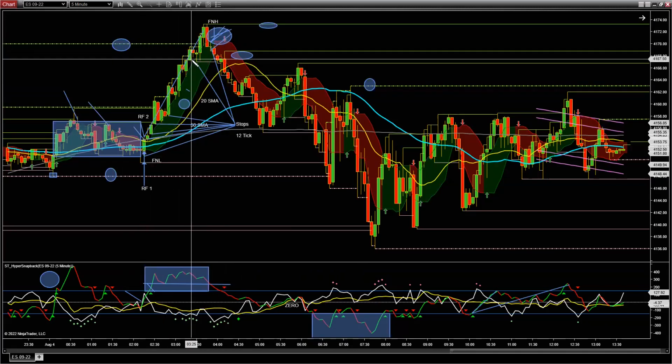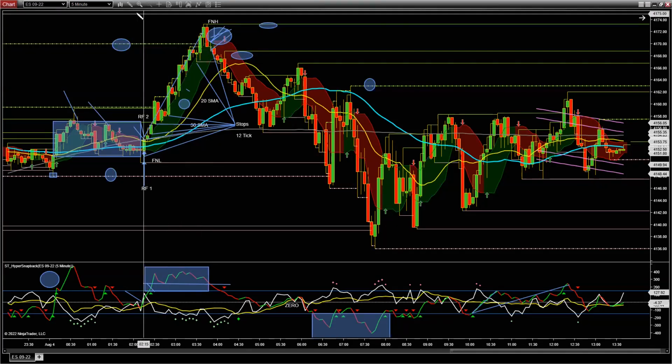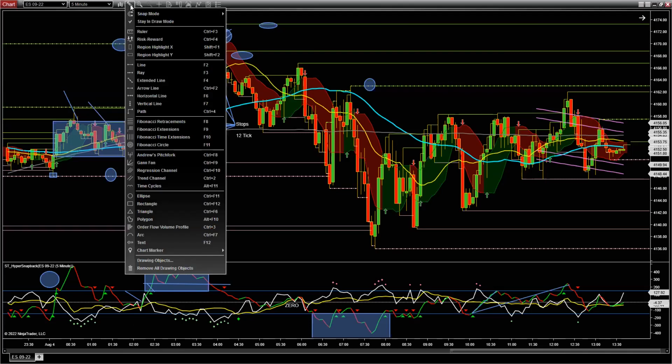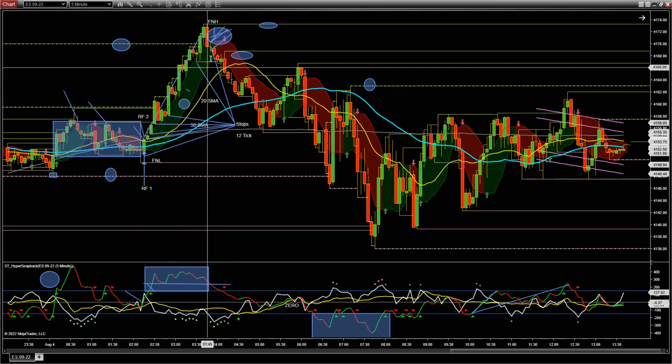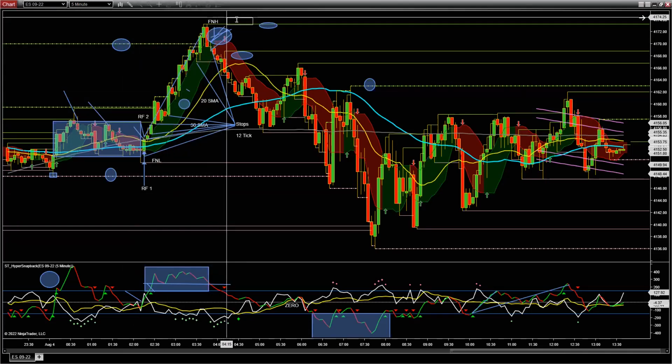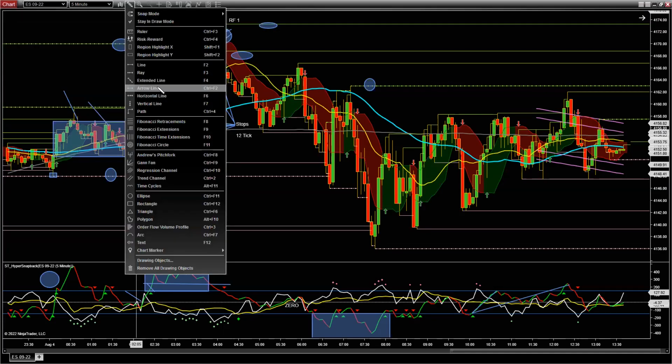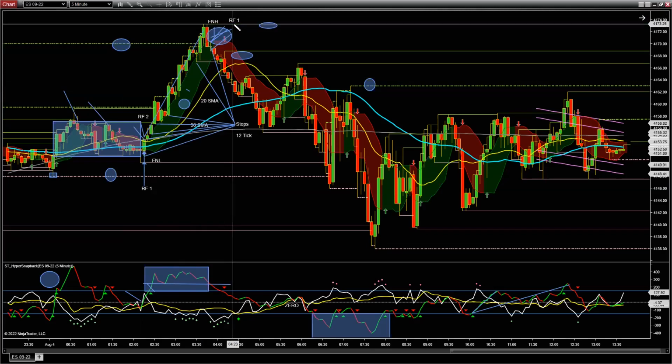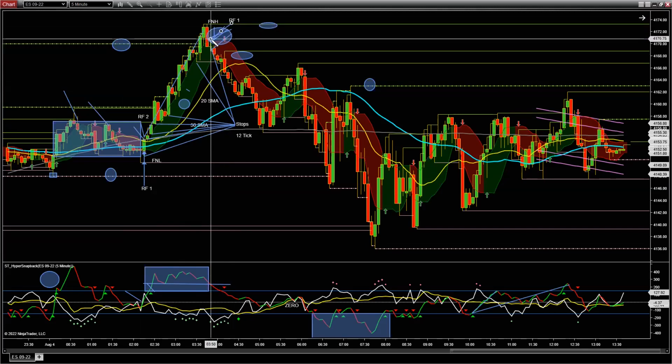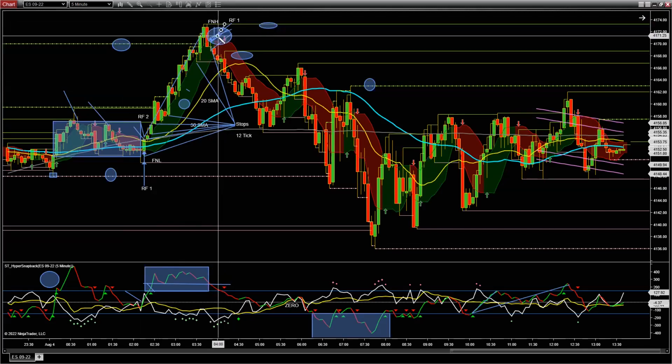Because I had this nice pop, I'm going to look for the risk factor too. I don't want to take this on an R1, and we'll just draw it in. So the R1 is not on the top of the bar, but I would say it's right on that bar, right in there.